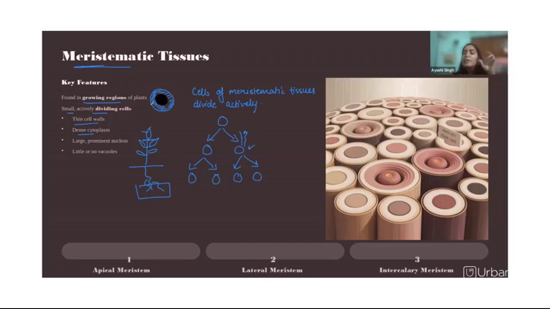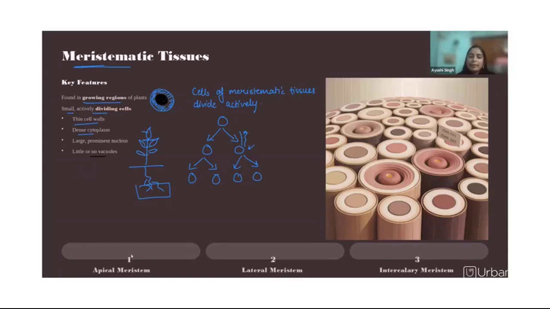So there are fewer cell organelles, and fewer organelles need to be replicated, duplicated basically. So that's why there are no vacuoles or little vacuoles. Okay, so this is meristematic tissue.